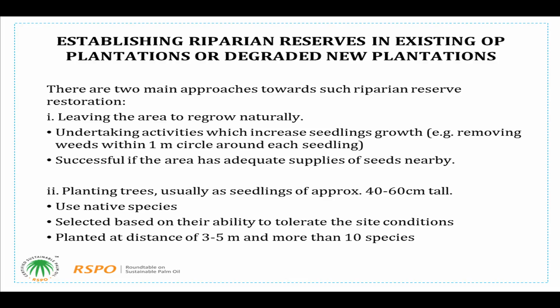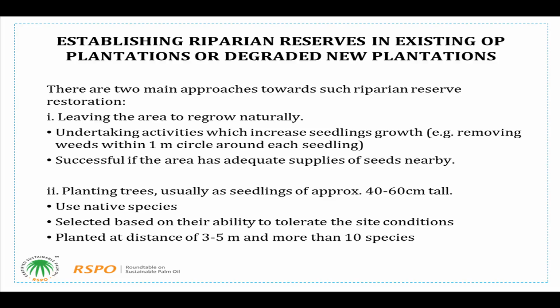Another section provided in this document is establishing riparian reserves in existing oil palm plantations and or degraded land. There are two main approaches towards riparian reserve restoration.